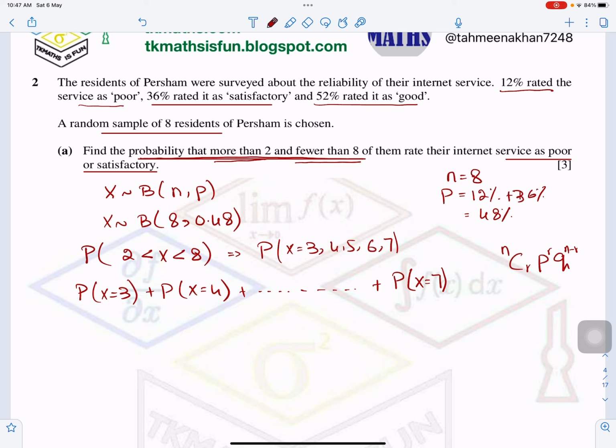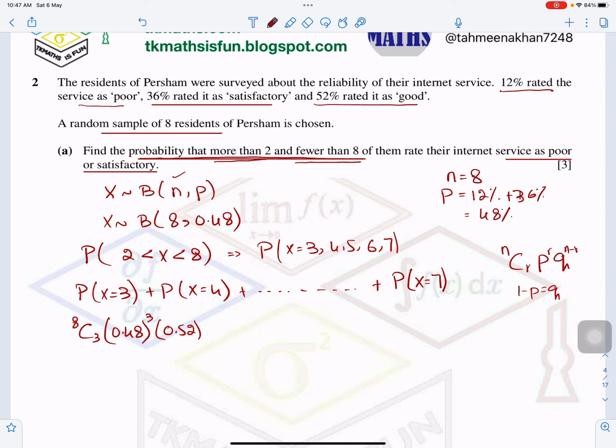In this case, my n is 8, which shows the total sample. So the formula will become 8C3, P is 0.48 with power 3, and Q is 1 minus P. So Q is 0.52, because 1 minus 0.48 is 0.52.